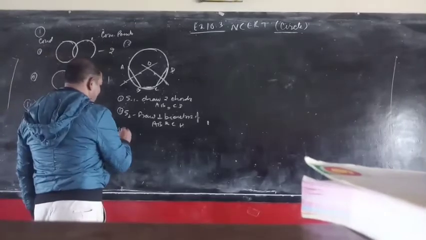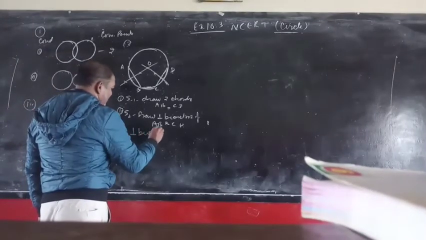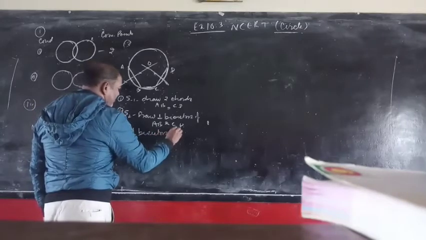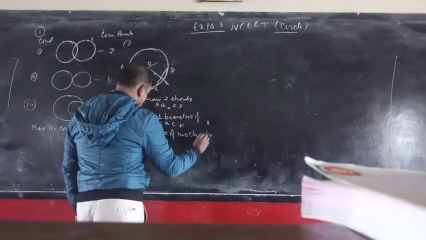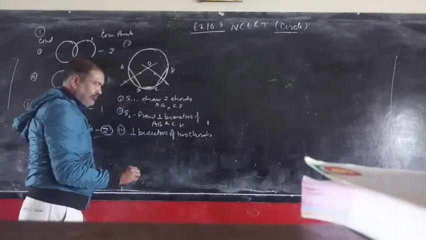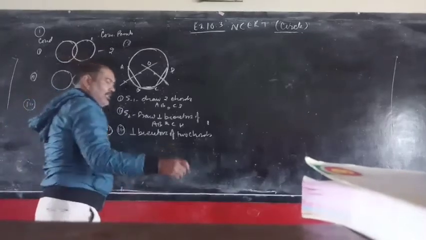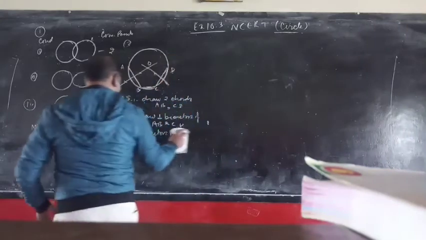You got what we get here? Perpendicular bisectors of 2 chords, intersecting point of the perpendicular bisectors. Right here, huh? क्या लिखना है बच्चों आपको?